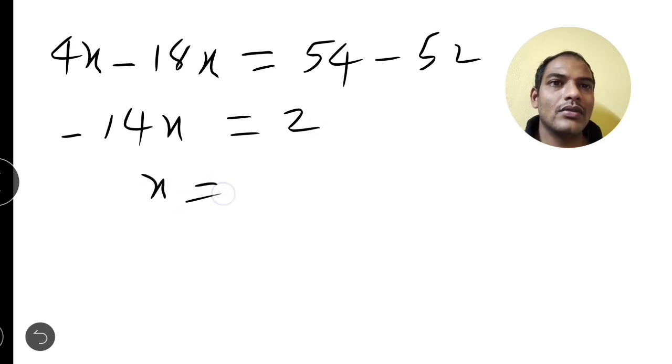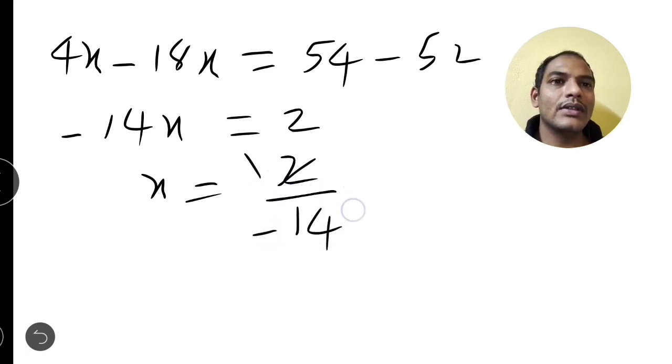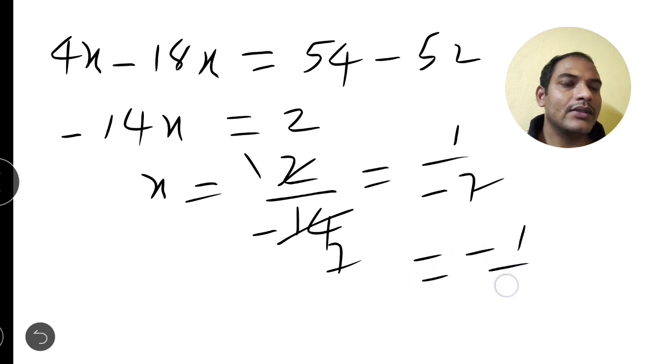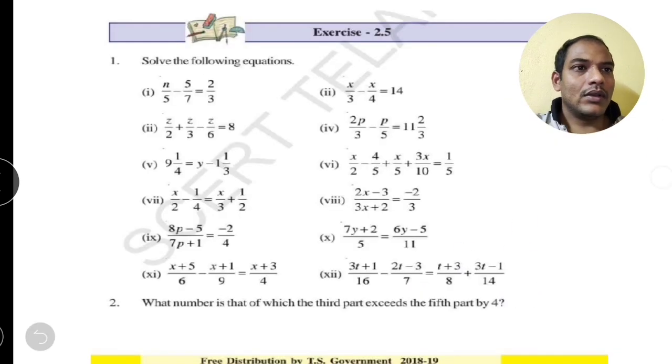Then x equals, x equals what, children? 2 divided by minus 14, 2 ones are 2, 2 sevens are 14, it equals 1 by minus 7. So 1 by minus 7 equals minus 1 by 7.